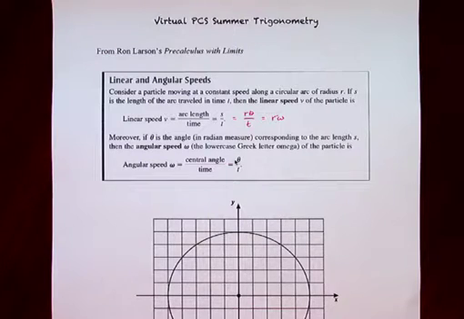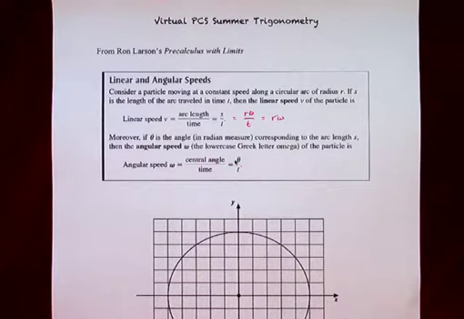So let's go ahead and look at the definitions that Larson has given us. It says, consider a particle moving at a constant speed along a circular arc of radius r. If s is the length of the arc traveled in time t, then the linear speed v of the particle is arc length per time.